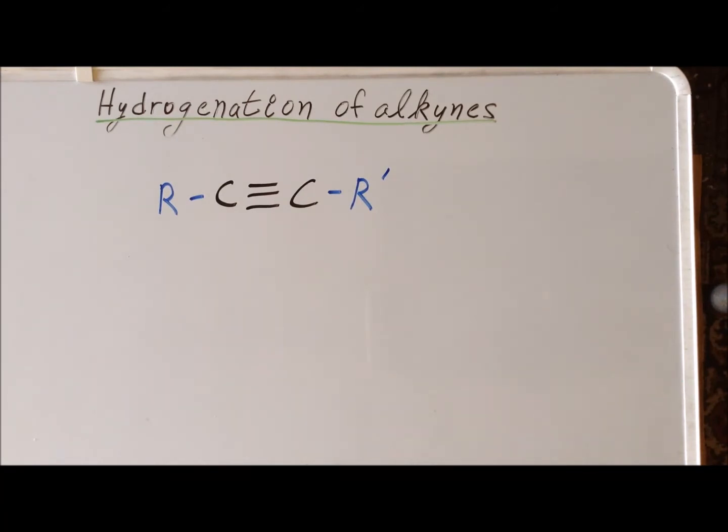Recall that for an alkene, we can catalyze the reaction of the alkene with hydrogen by using a catalyst. And the most commonly used catalysts are all in the same family of the periodic table. We have nickel, platinum, and palladium. And we can use nickel, platinum, or palladium to catalyze the hydrogenation of alkynes.